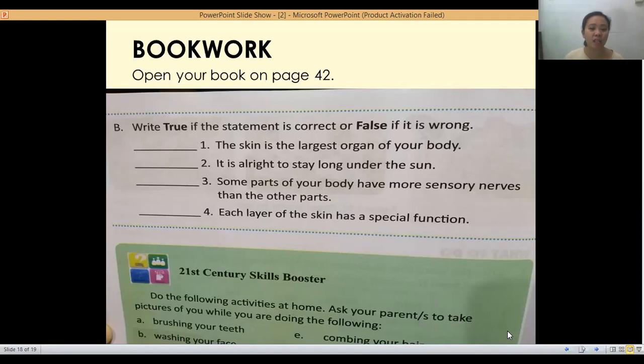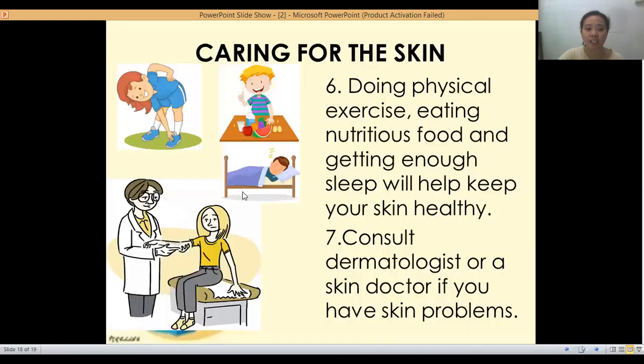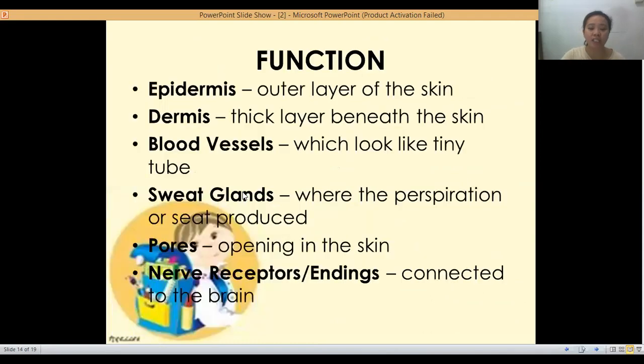For number 3, I forgot to discuss this one, so I will discuss it before we answer. The skin on different parts of your body has different numbers of nerve endings. Remember the nerve endings? The ones that send messages to the brain, the ones that are connected to the brain.